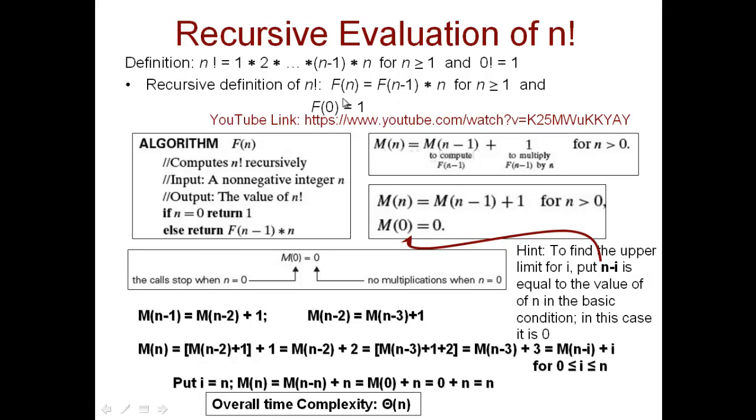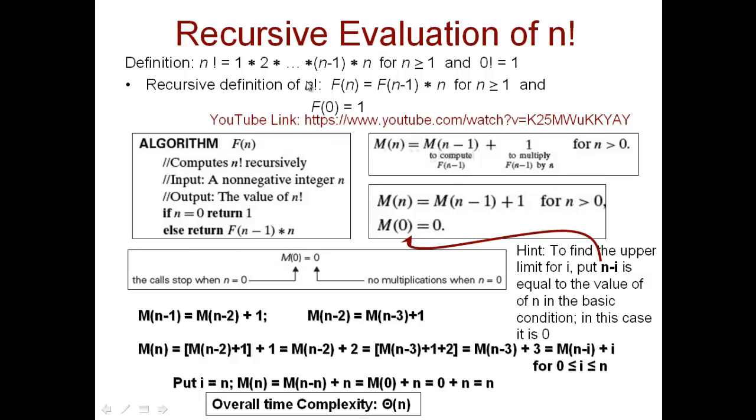So the recurrence for the number of multiplications can be written accordingly: if M of n is the number of multiplications to find f of n, then M of n minus 1 is the number of multiplications to find f of n minus 1, plus one more multiplication, and we get the number of multiplications for finding n factorial.